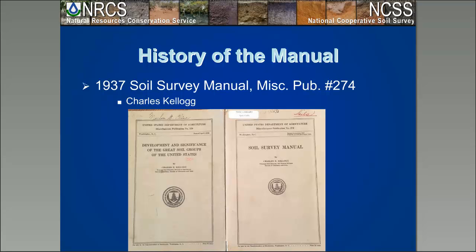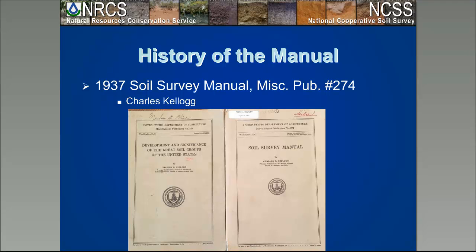So the 1937 version by Charles Kellogg is shown on the right, but when I took this photograph, I also photographed a publication by Charles Kellogg that came out the year before. And the reason I did that is if you compare these side by side, there is a lot of material in both. There's common material in both, such as horizon nomenclature. The big difference is the one on the left, the development and significance of the great soil groups of the United States, deals more with pedology.